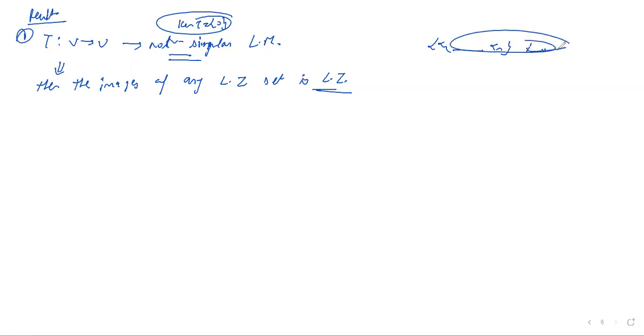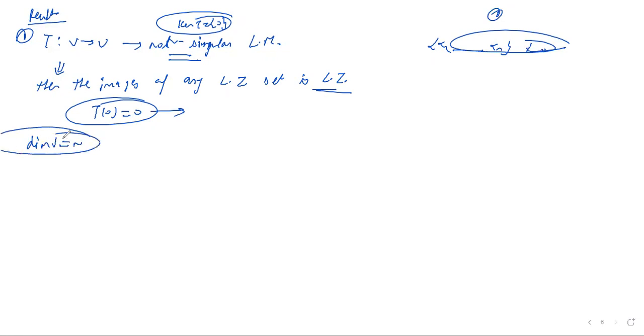We have studied this in our very first theorem. So when I have a non-singular linear mapping, it means T0 equals 0 is the only vector mapping to 0.